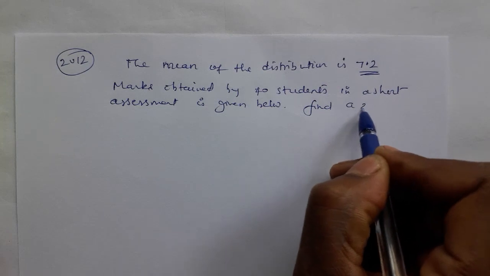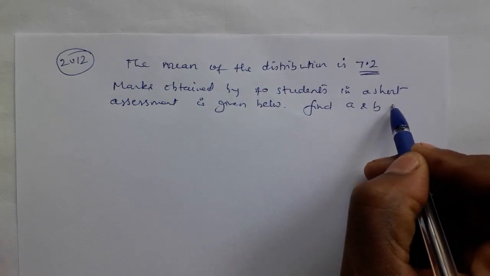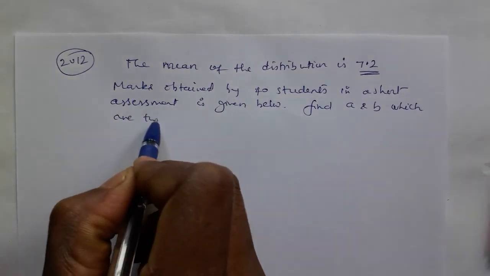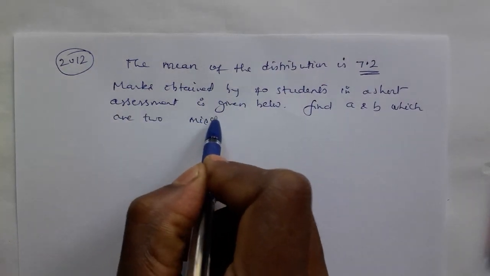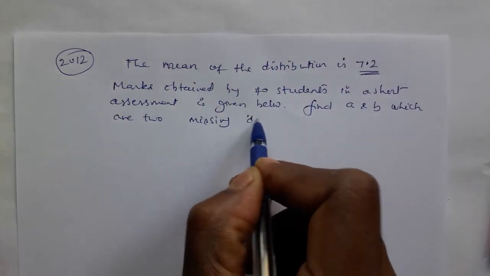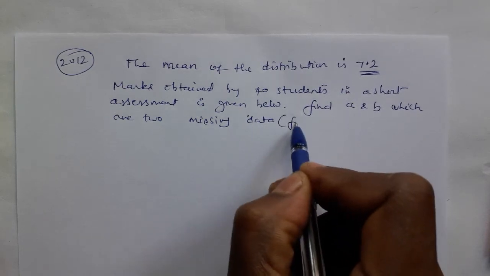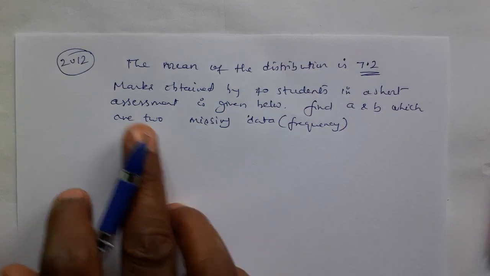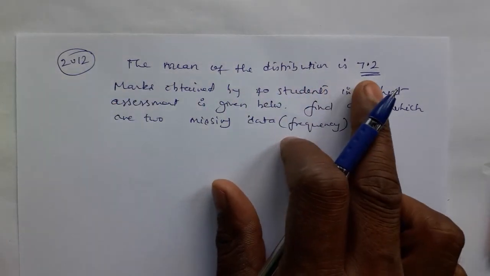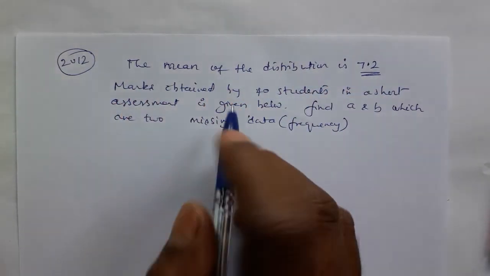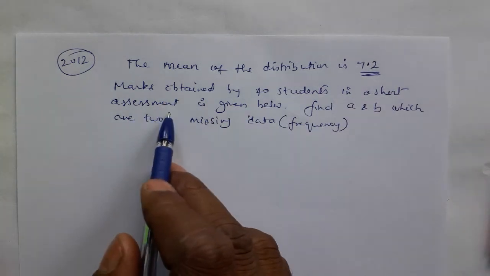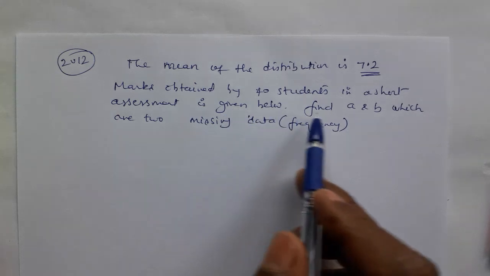Find A and B, which are two missing data frequencies. See, look at in this question, the mean of the distribution is 7.2, given. Marks obtained by 40 students is also given, the total number of students in a short assessment is given below.